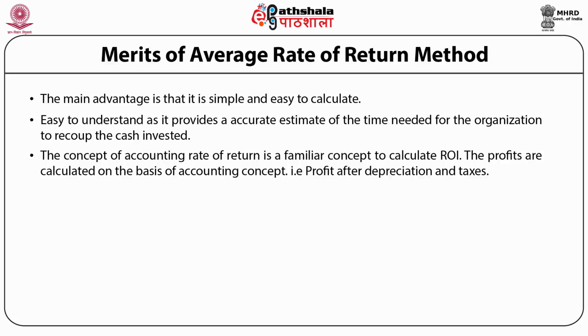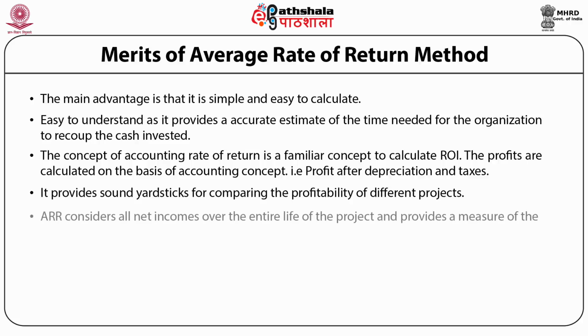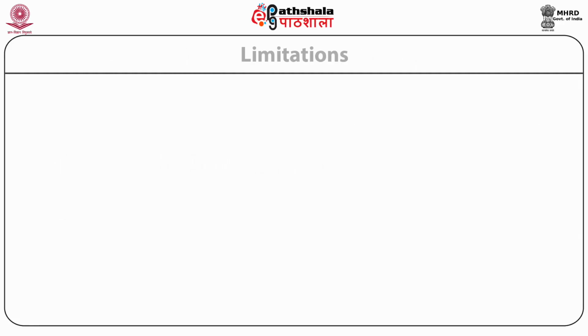The profits are calculated on the basis of accounting concept, that is profit after depreciation and taxes. It provides sound yardsticks for comparing the profitability of different projects. ARR considers all net incomes over the entire life of the project and provides a measure of the investment's profitability.